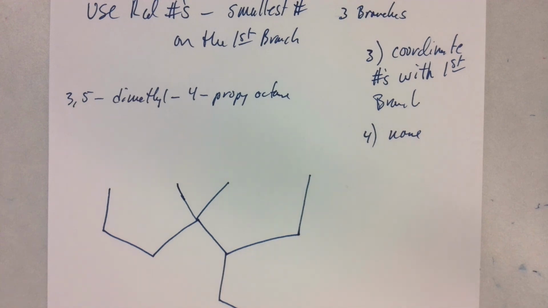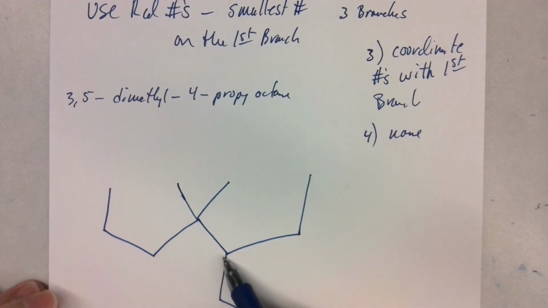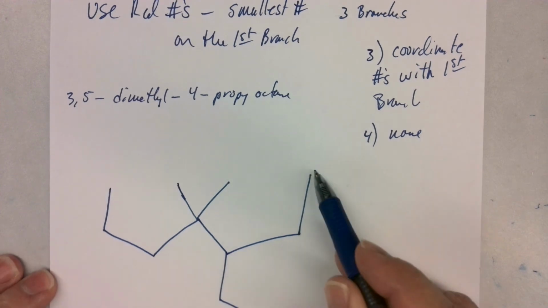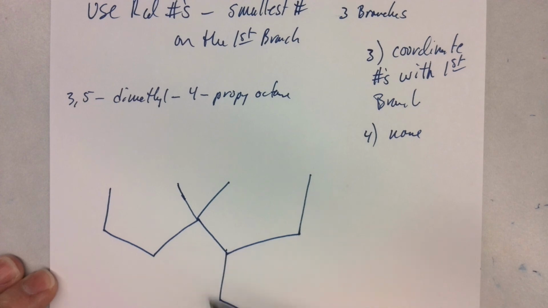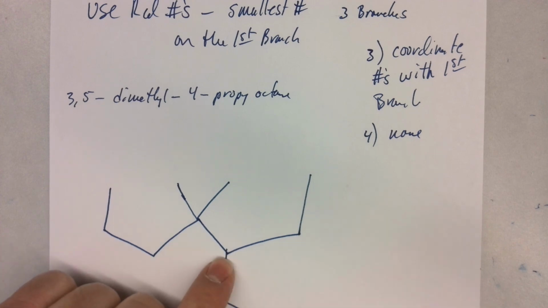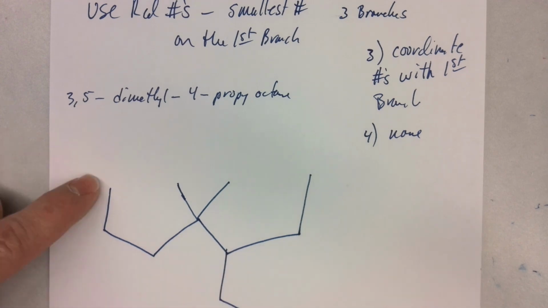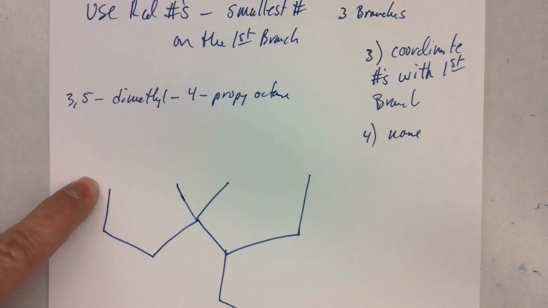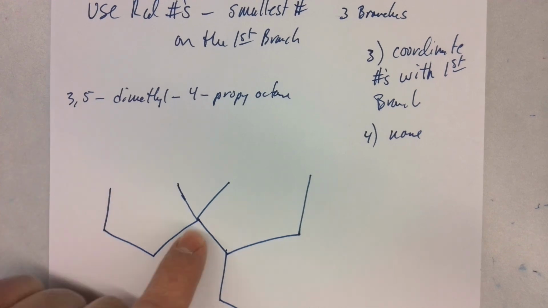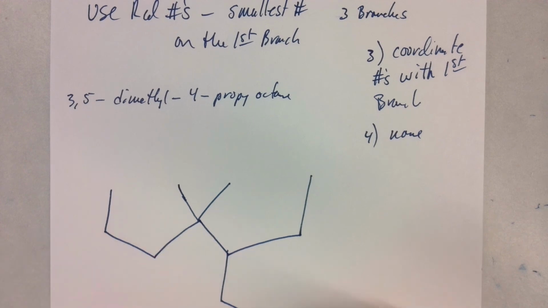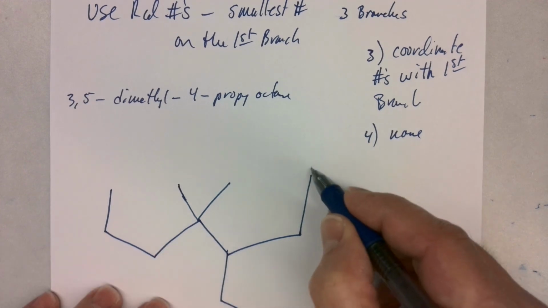I'm going to look at it and say, okay, I know I've got something going on here, right? If I number it there, I've got a branch there, which would be branching at 3. Whereas if I start over here, I'm not going to branch until I get to where? 5, 6. That'd be 1, 2, 3. Wouldn't that branch at 4? Right? Whereas here, I'm going to go 1, 2, 3.